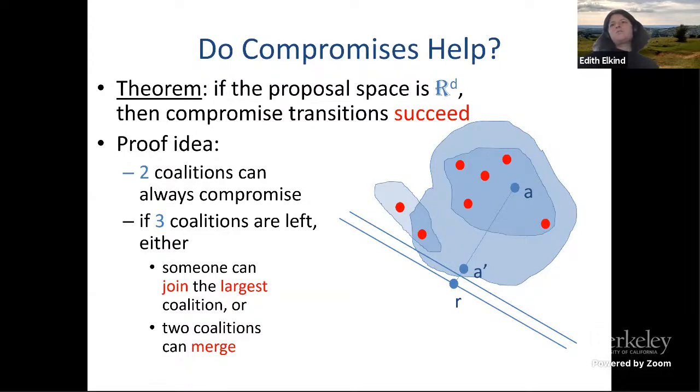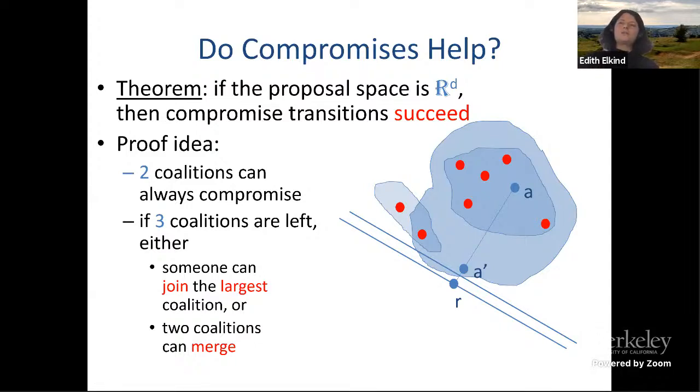In fact, this argument works even if one of these agents also sits right on this line, because I can rotate this line very slightly so that this point is now on the same side of this line as the A collision, and then I'm in this situation again. And this small rotation always exists because the number of points is finite.